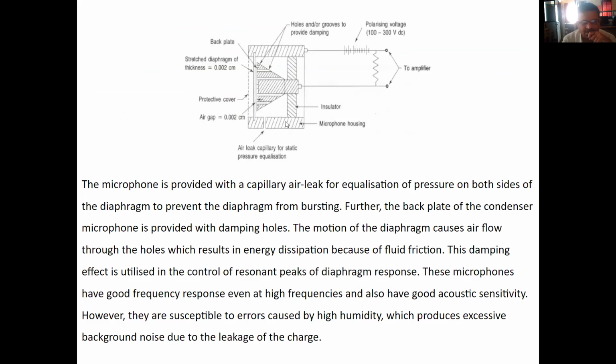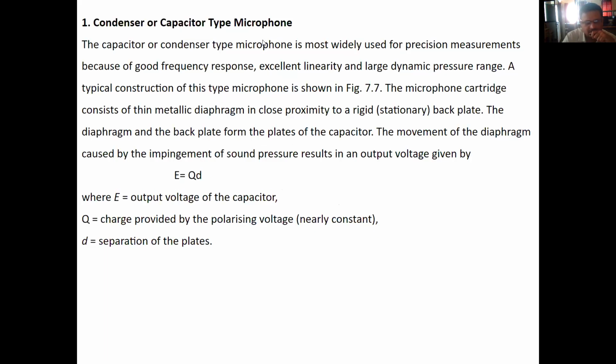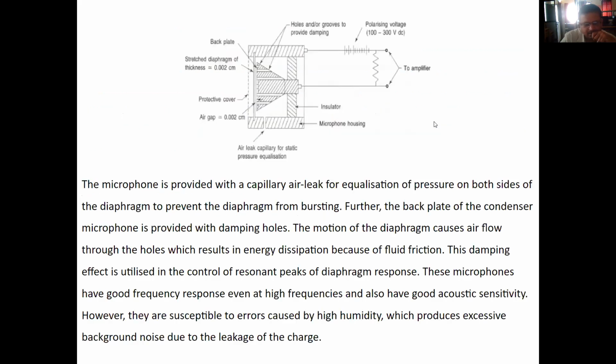Therefore, see that this is the construction. This is the thin diaphragm. This is the back plate. Holes are provided for damping. This is the insulator. This is the microphone housing.